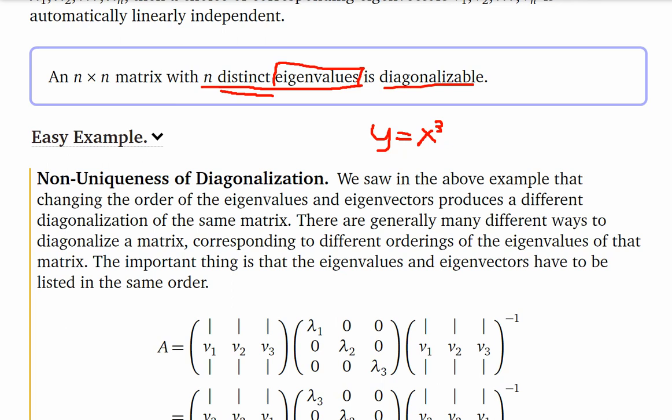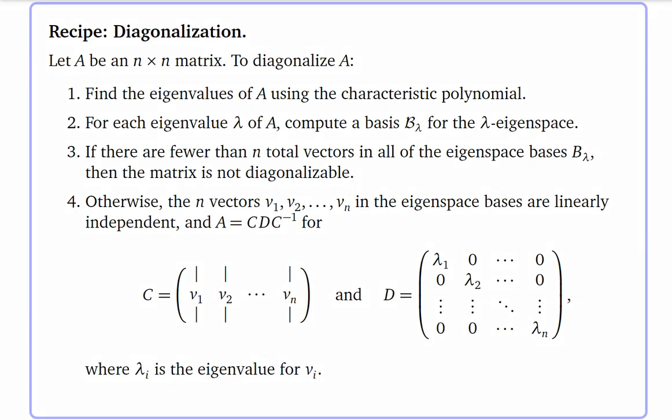When I have a multiplicity higher than 1, when I factor that polynomial, that's when there's a question about whether or not it can be diagonalized. Some can, some can't. And I went over this before, but the recipe, the task of diagonalization: you find the characteristic polynomial.